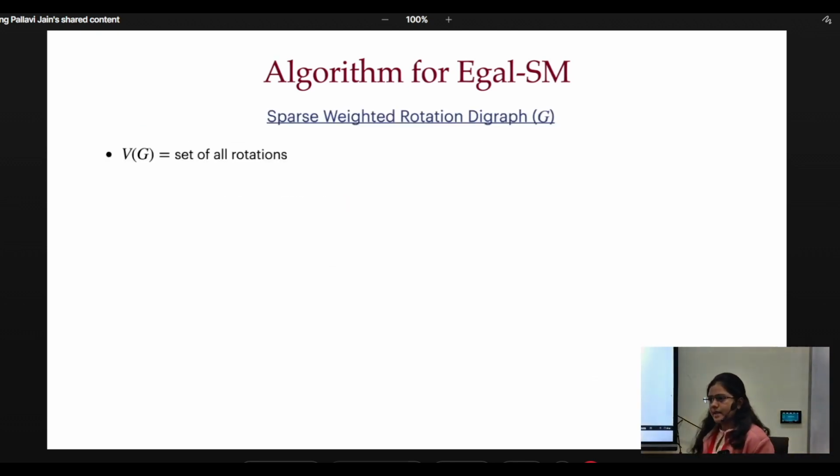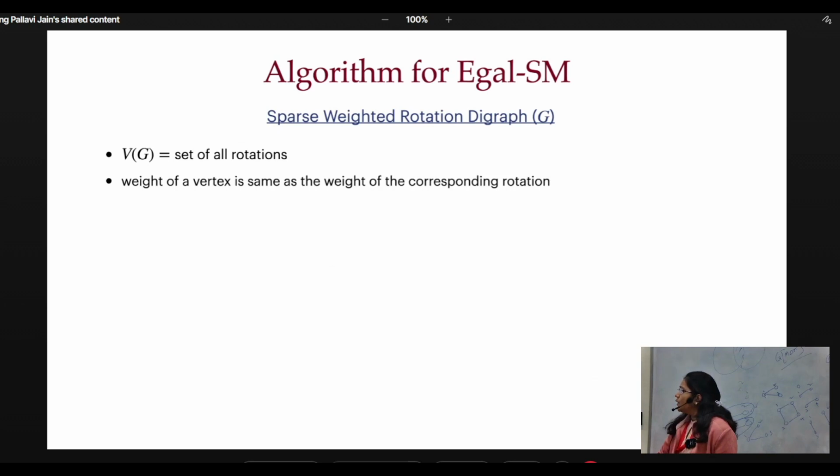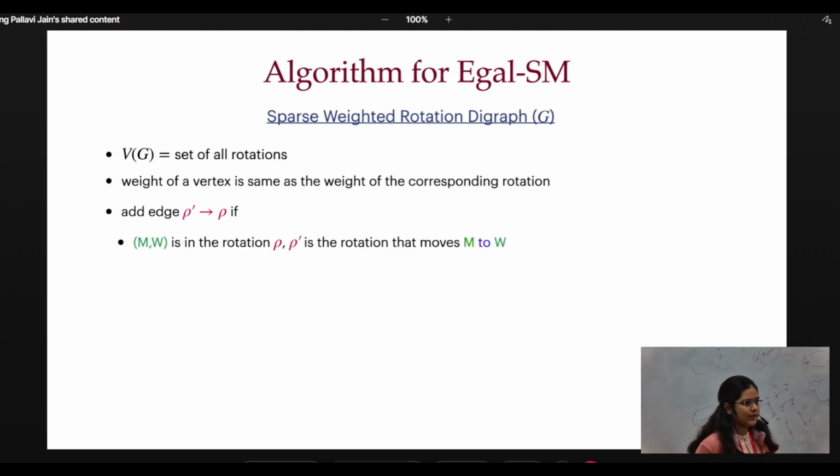The vertex set is the same as earlier, the set of all rotations, but we don't have all the edges here. We are defining the weighted rotation digraph, so the weight of a vertex is the same as the weight of the corresponding rotation. Now you add an edge if two conditions hold. MW is in a rotation, but why is it in the rotation?